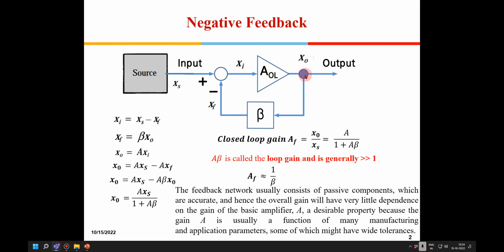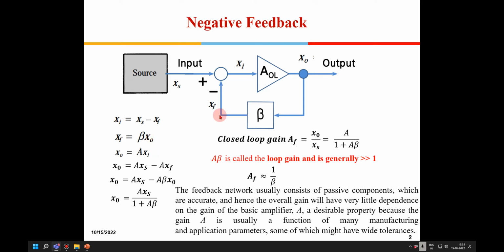Now I am taking a portion of the output. I am sampling the output voltage and giving a feedback, a fraction of that. So beta defines the relation between x0 and xf. Beta into x0 is xf, where xf stands for x feedback and x0 stands for output.